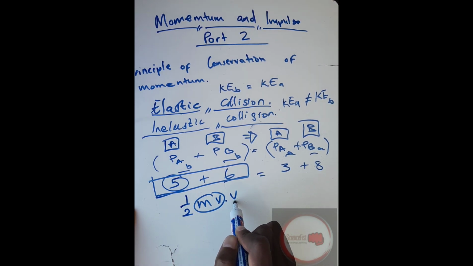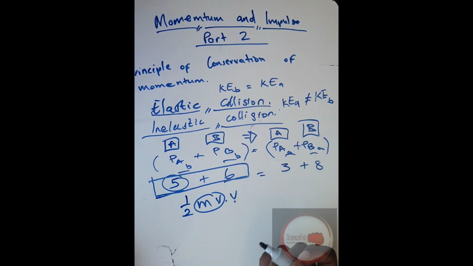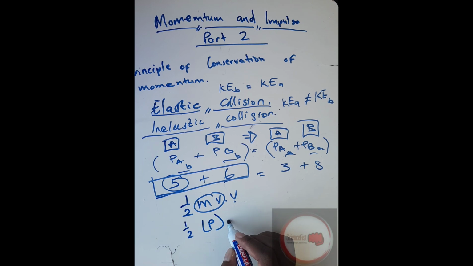But if they are separate and they have different velocity, you cannot combine and put this p as total.